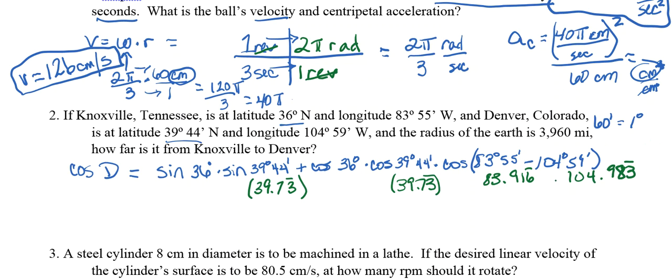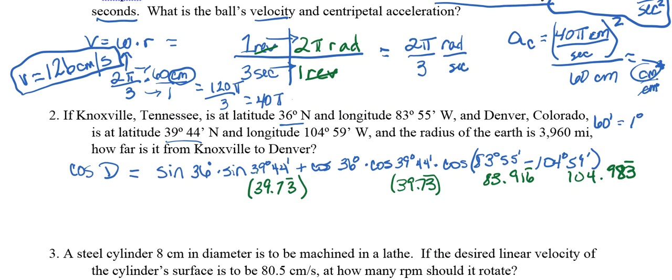Hopefully you have a calculator that's doing your trig functions for you. So we're going to go sine of 36. Depending on your calculator, you might have to put sine in first or 36 in first. We're going to multiply that by the sine of the 39.73. I just put a few 3's in; I don't put all of them in.